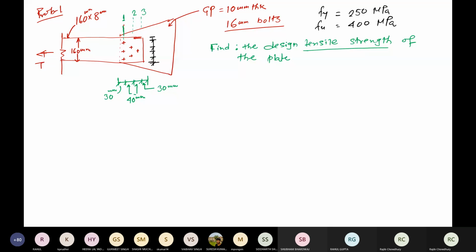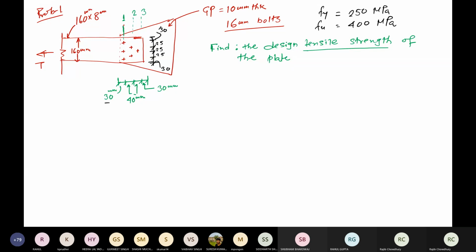So this would be, how much was it? 30. This would be 30, and these are the gauge lengths, not the pitch lengths. All the pitch lengths are 25.